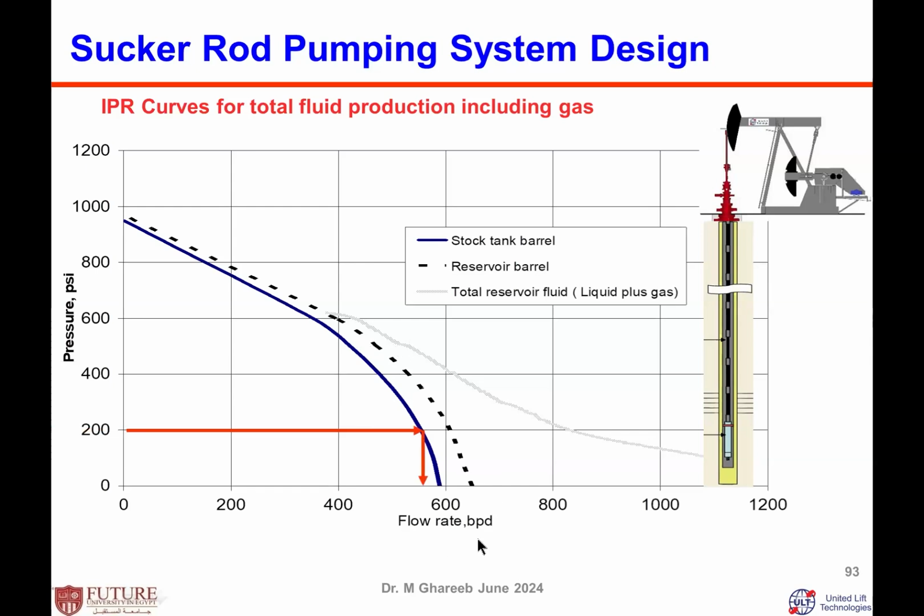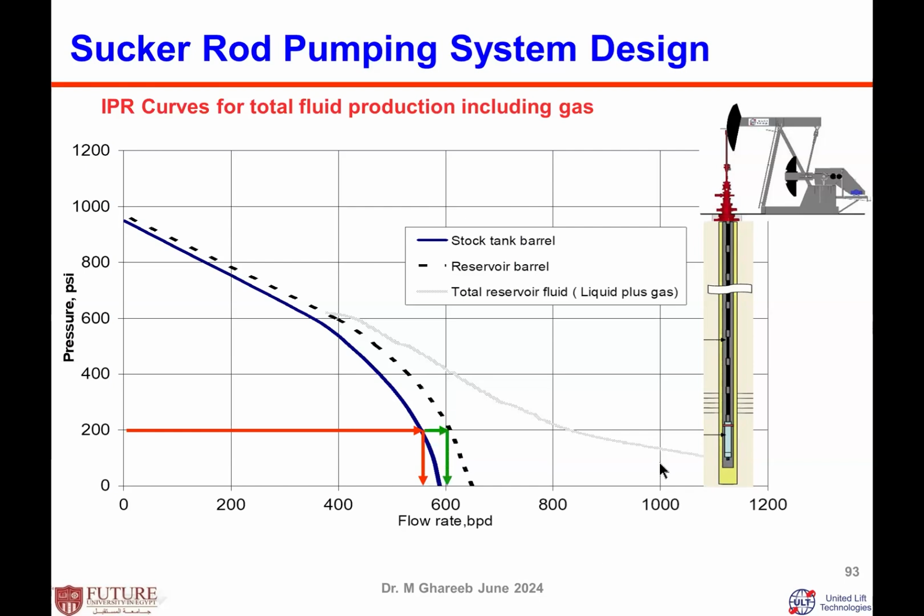For example, if you want to produce about 550 barrels per day at a bottom hole flowing pressure of 200 psi, then you need that volume, Q, to reach the tank: 550 barrels per day. Then what size of pump do I need, and what volume do I have to displace?